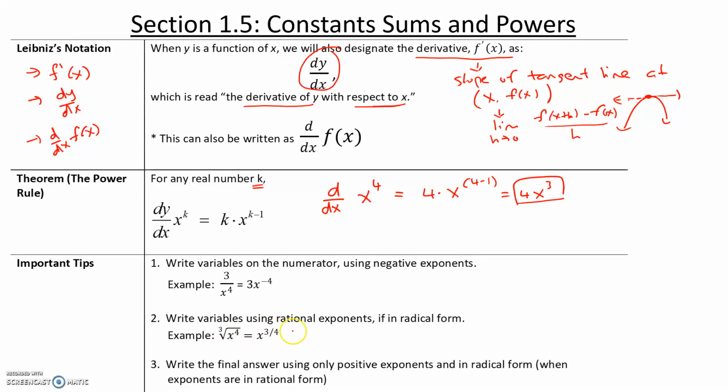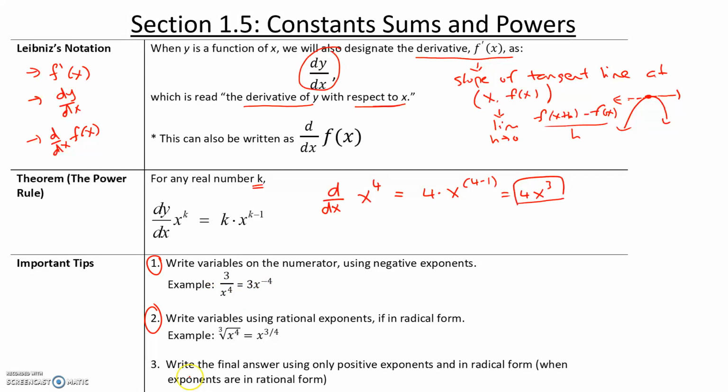Write variables using rational exponents if in radical form. So if we have the cube root of x to the fourth, this will equal x to the 3/4. Okay, so these two are going to be very important rules. Any radical needs to be in rational exponent form, and anytime you have a variable in the denominator, move it to the numerator and make the exponent negative if necessary.